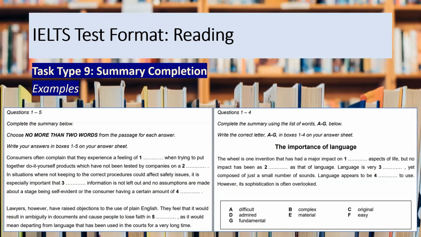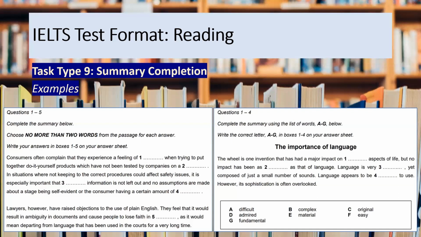In this example, like we were discussing, we have to be careful which word will be used in the blanks, for example, in terms of parts of speech. For example, consumers often complain that they experience a feeling of dash. Now, what do you think will be here? A verb, an adjective, a noun?